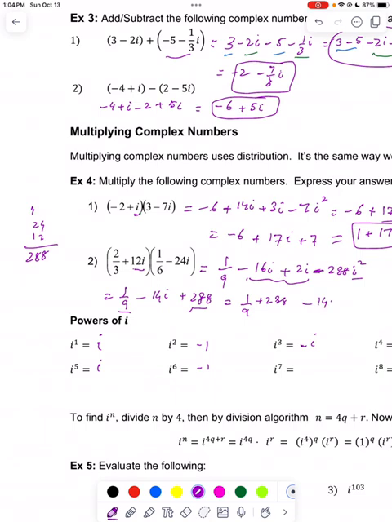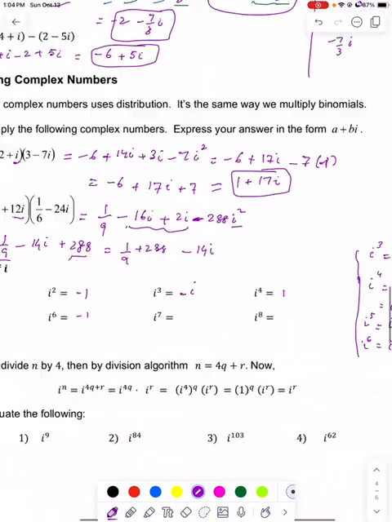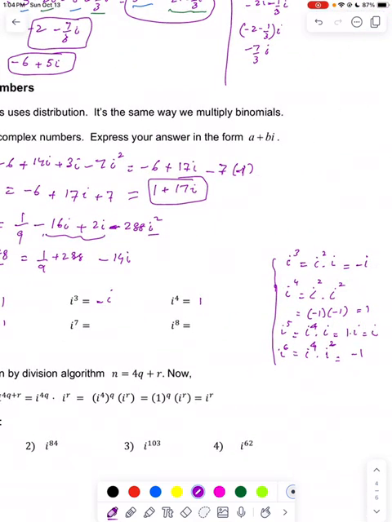So do the addition of 1 over 9 plus 288 on the side. 9 8s are 72. So we put the 2 here and then 7 is carried. So 9 8s are 72 plus 7, 79.